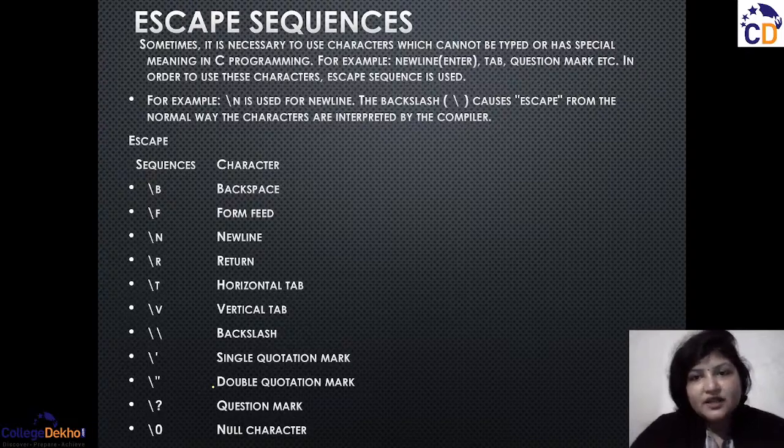For tabs, like you have a tab on your keyboard that maintains some space between two words, right? So you may have backslash t, horizontal tab. Vertical tab, you may have backslash v. For printing a backslash, you may have a double backslash.